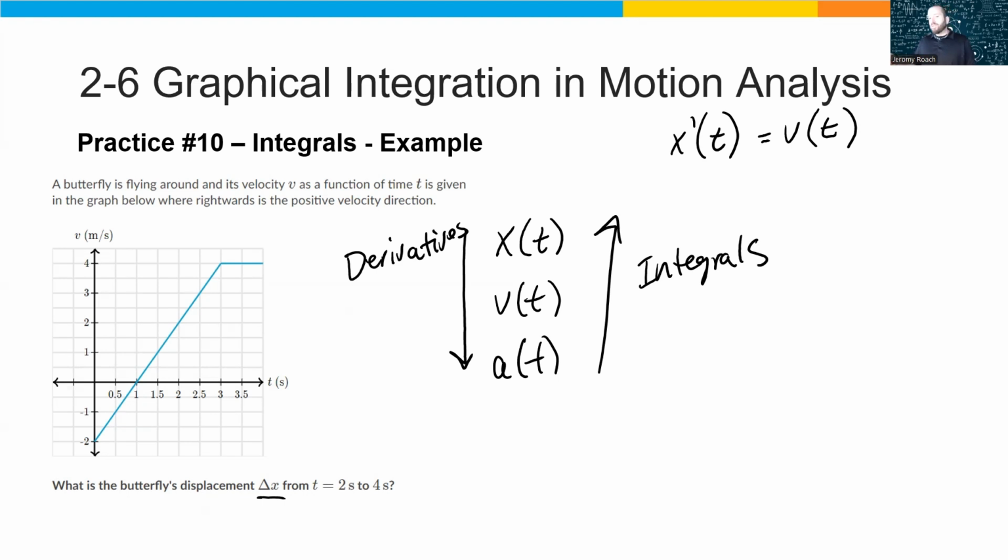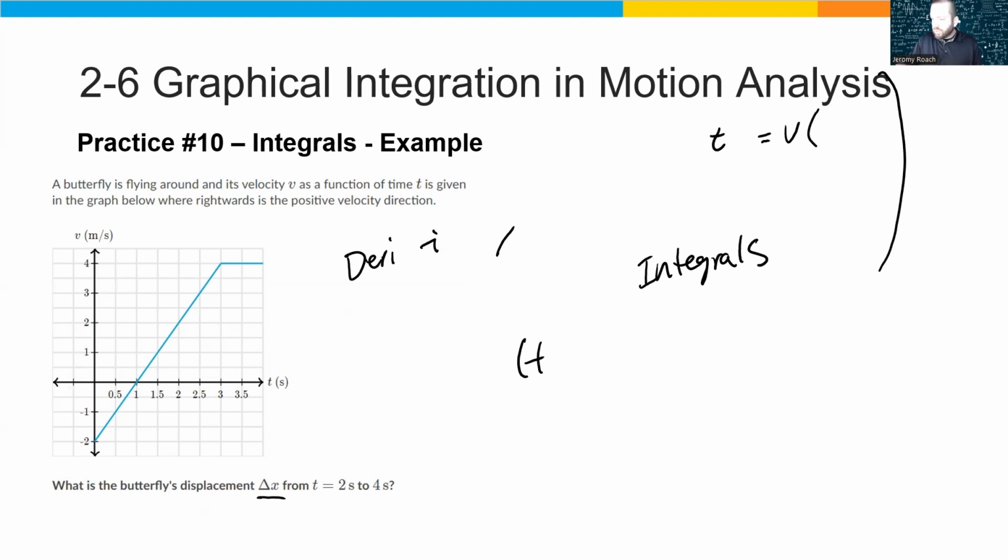And then going the other way, if we take the integral of acceleration, we get velocity. If we take the integral of velocity, we get displacement. And that's what we're doing in this problem. So we are finding the integral of velocity, which is displacement.